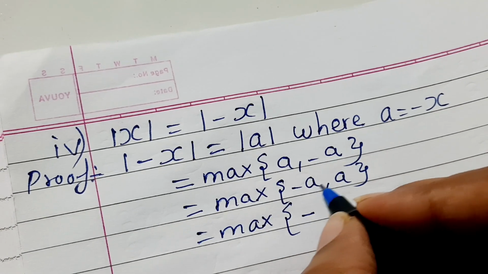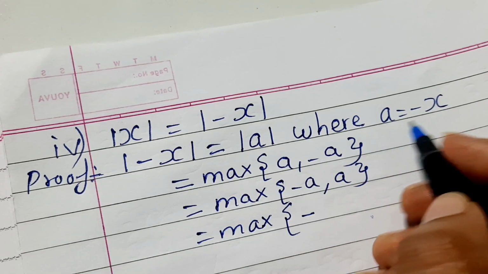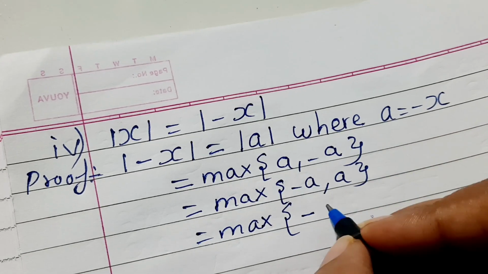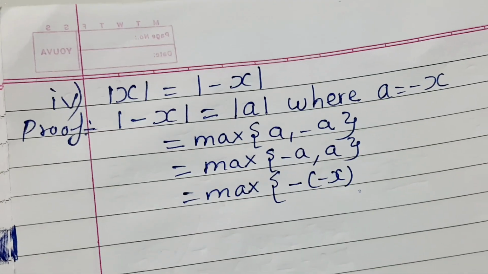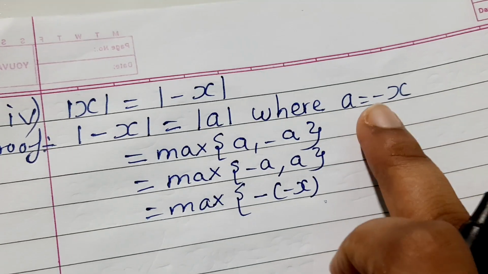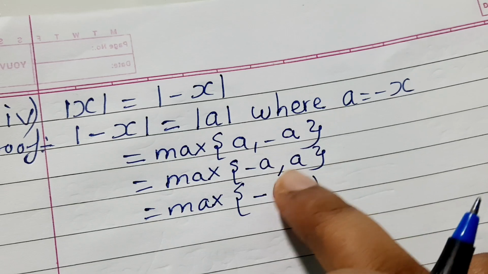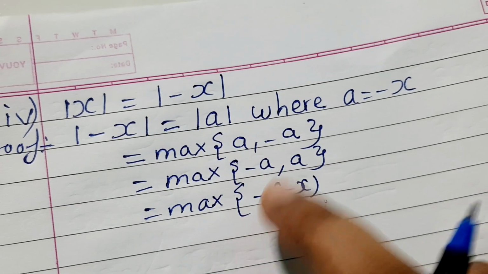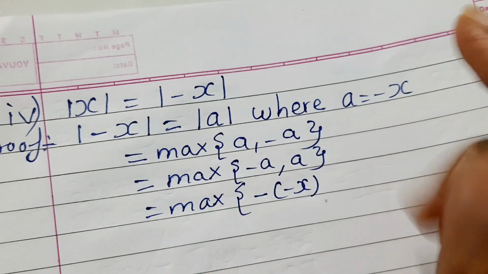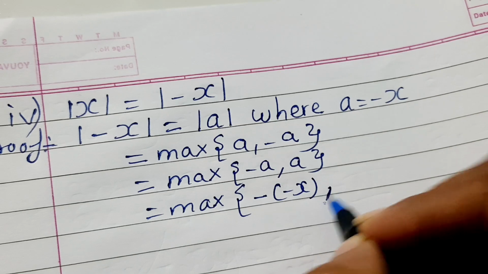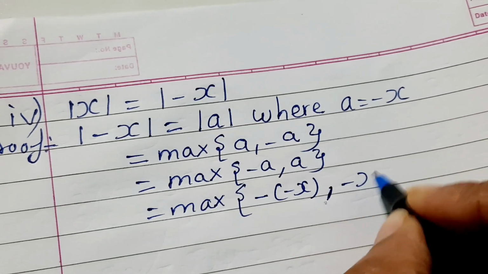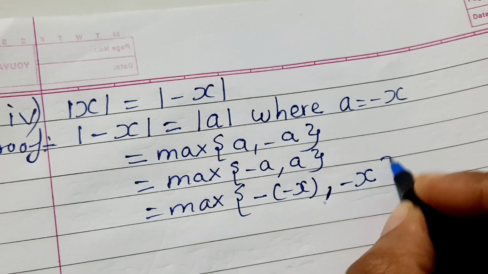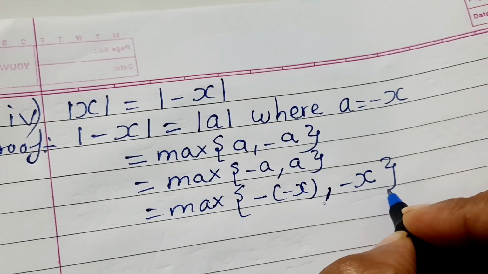Now I can substitute the value, because A is equal to minus x, right? So minus into minus x. I am just replacing A by minus x. The value of A is minus x, and in place of minus A you put x, then close the bracket.